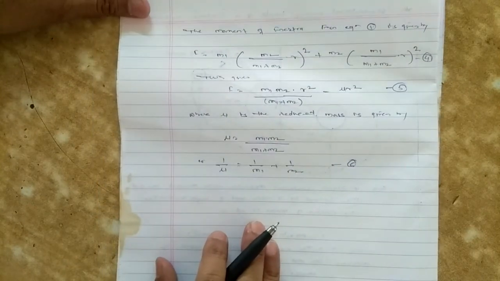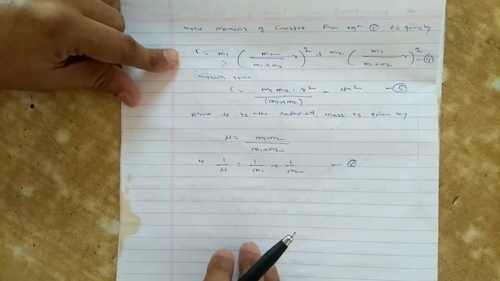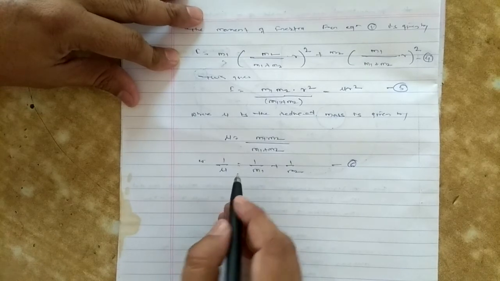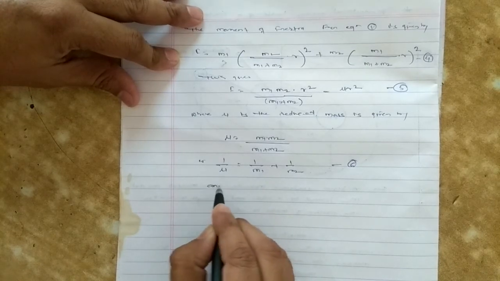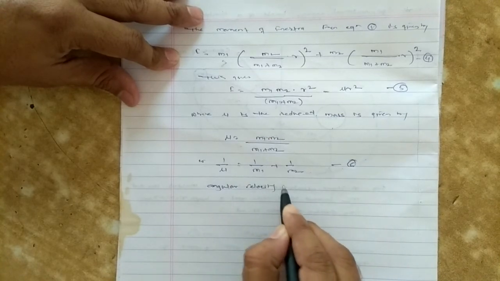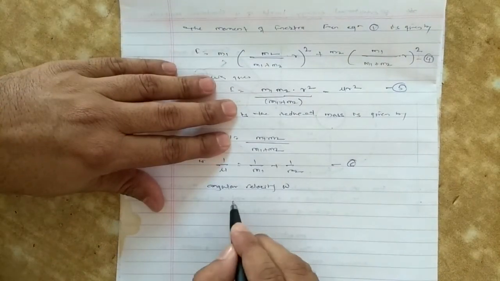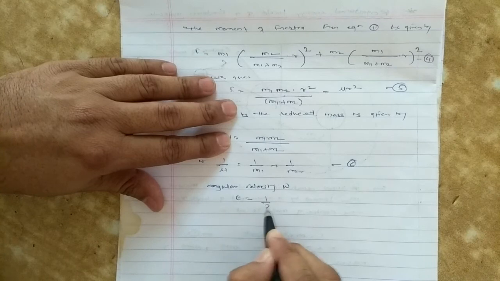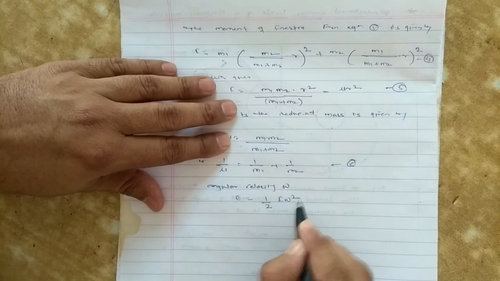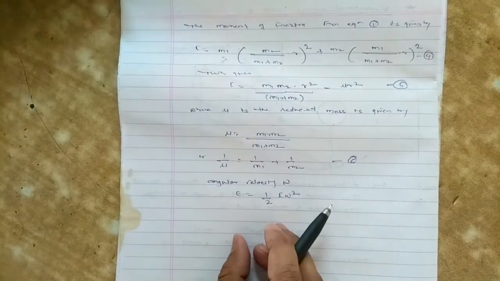The classical expression for a body rotating about a given axis with angular velocity omega, because they are rotating circularly, is E is equal to 1 by 2 I omega square.